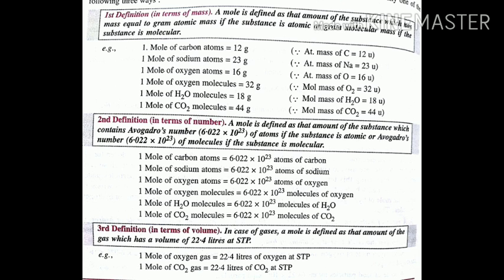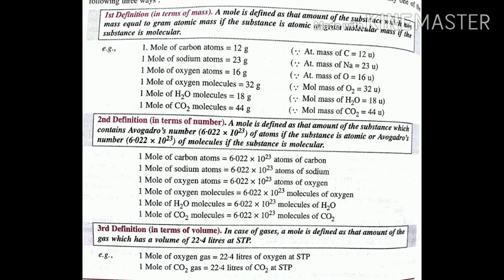Likewise, if I told you 12 gram of carbon is equal to 1 mole of carbon, it means 12 gram of carbon will contain 6.022 into 10 raised to the power 23 atoms of carbon. I told you 44 gram of carbon dioxide is also equal to 1 mole.